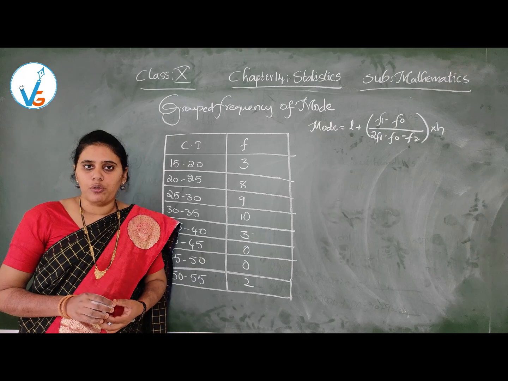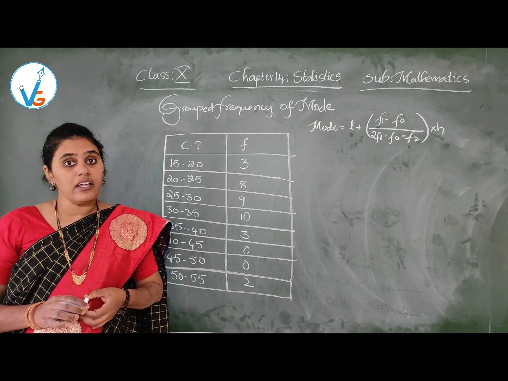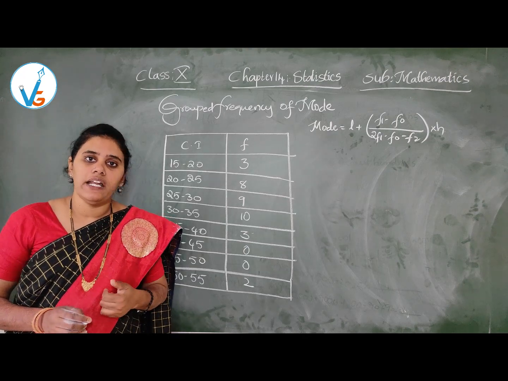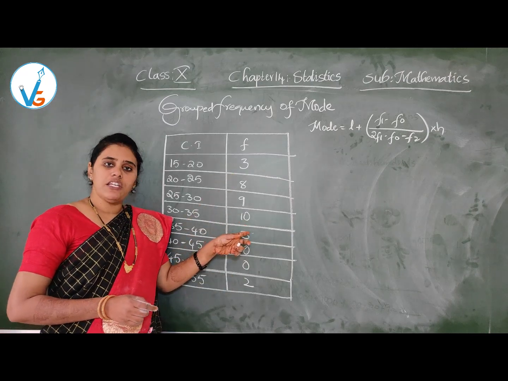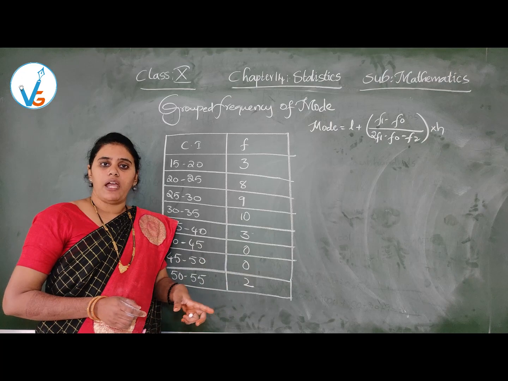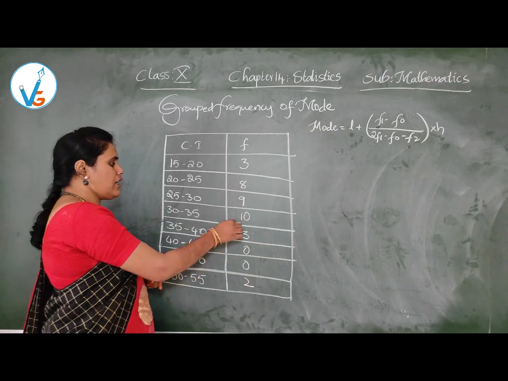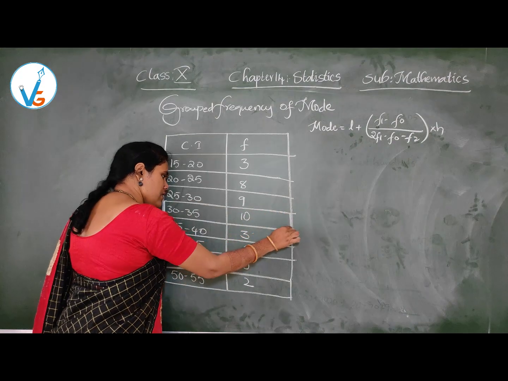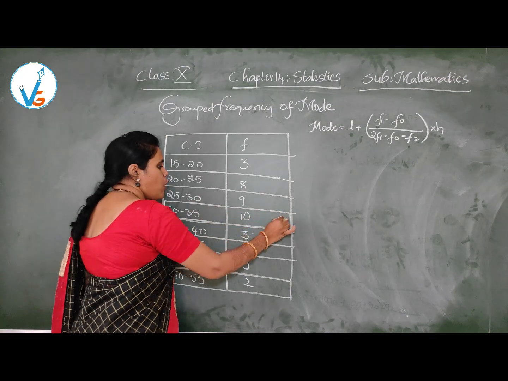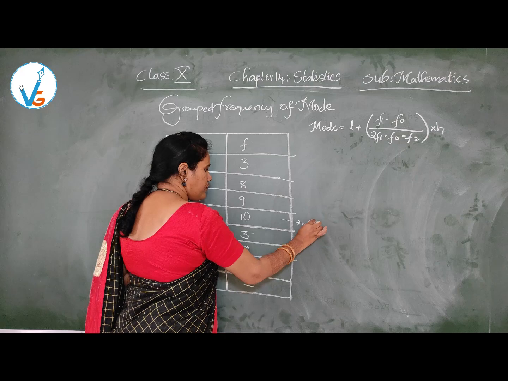Now what we have to do? Mode is nothing but the frequently repeated number. So here we have to check the highest frequency. What is the frequency over here? Here it is 10. This is taken as the model class.